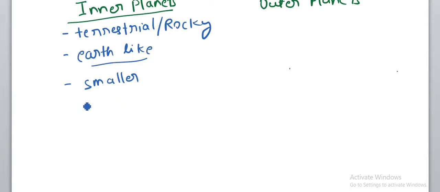And because they are rocky, they have high density, right? You all know the meaning of density. We can understand the meaning of density by taking an example.